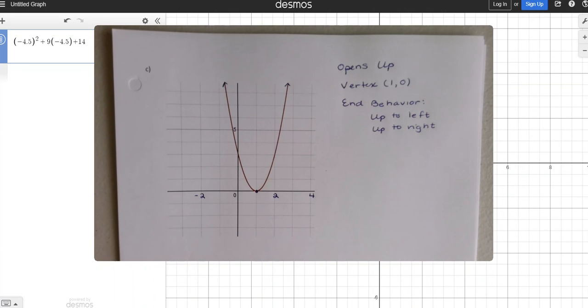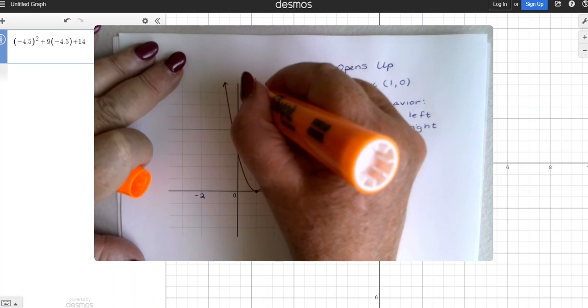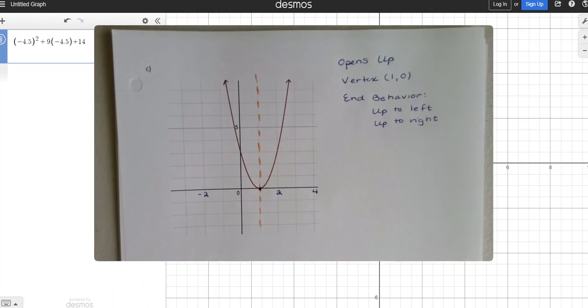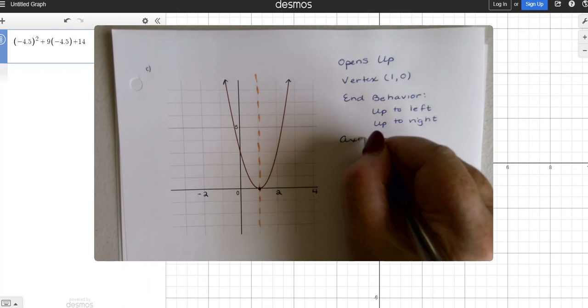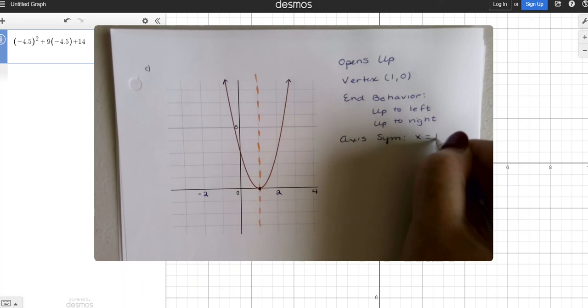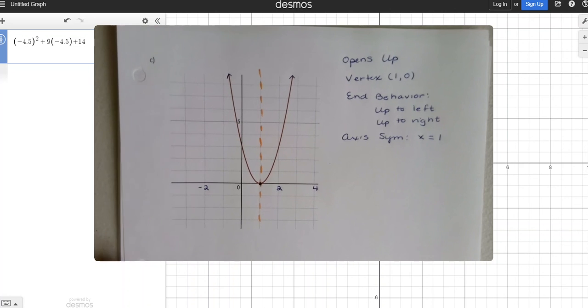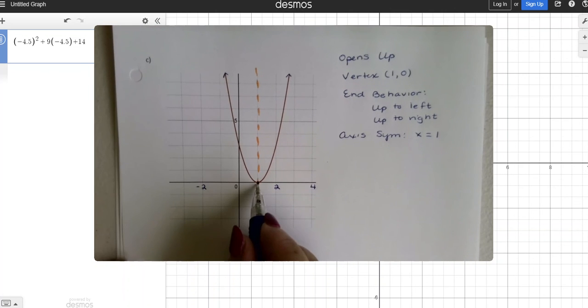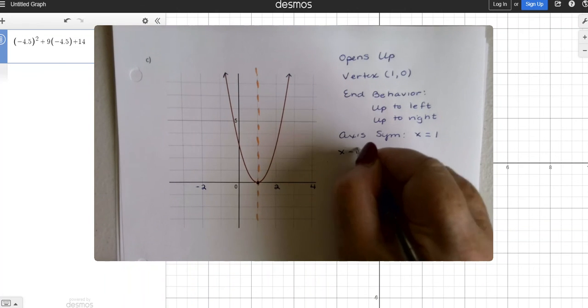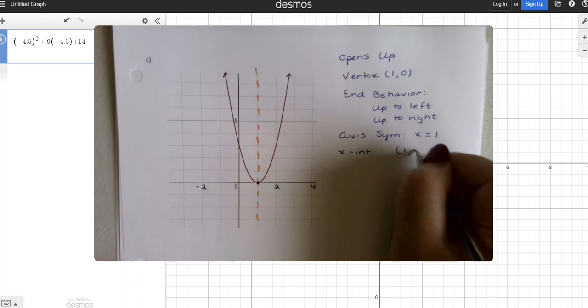And let's see what else we could put in the axis of symmetry, which is x equals 1. The intercepts: this one only has one x-intercept, right? 1, 0.